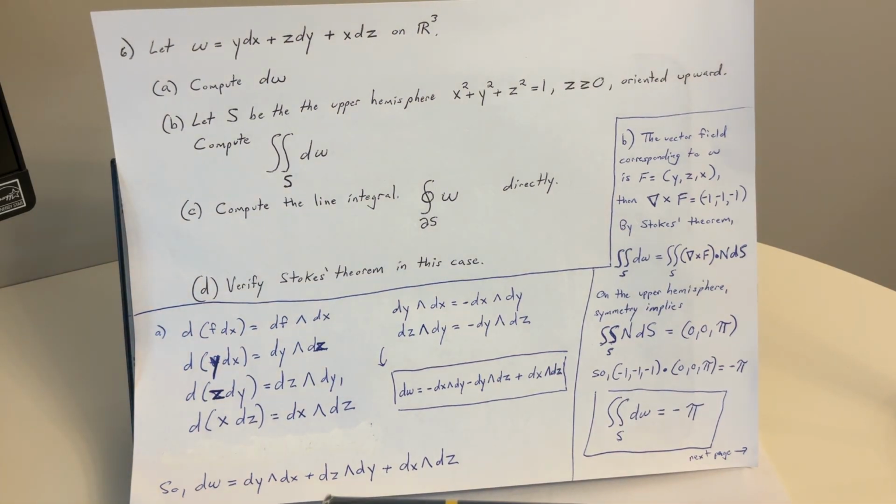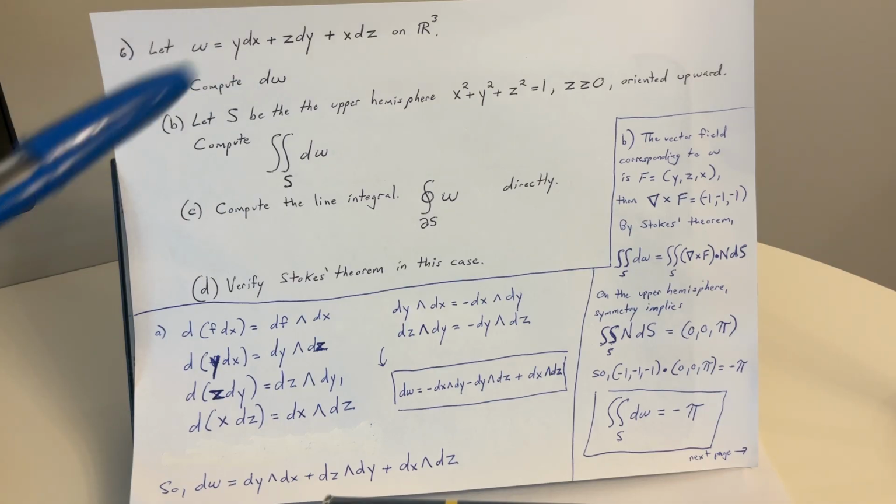So let w equal y dx plus z dy plus x dz. So that's what we have here. And we're going to have wedge notation in this. So compute dw. We're dealing with differentials here, right?